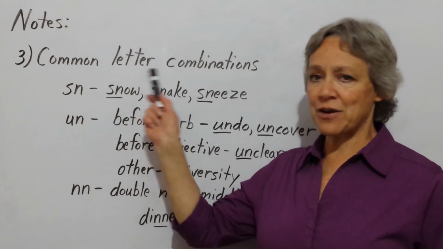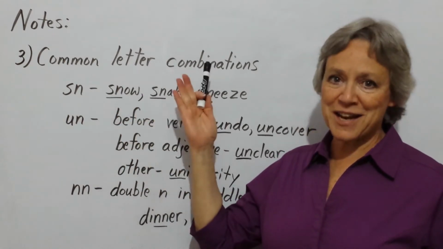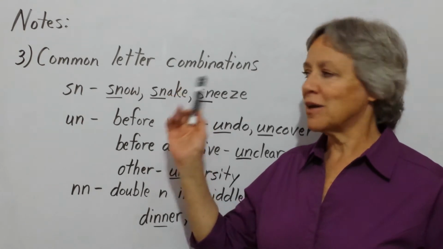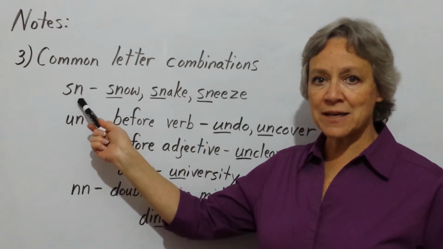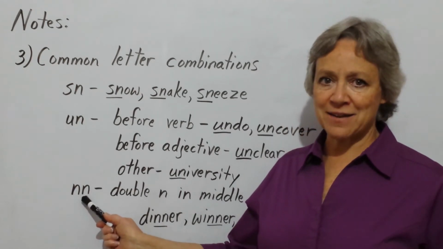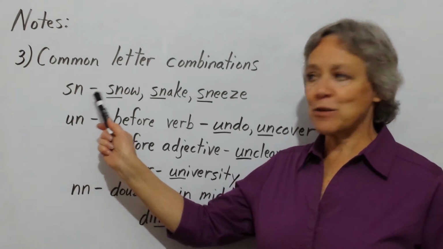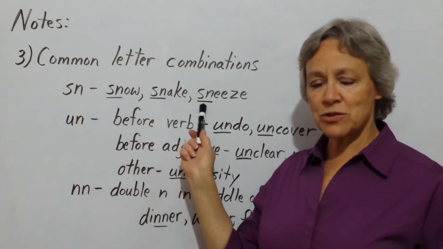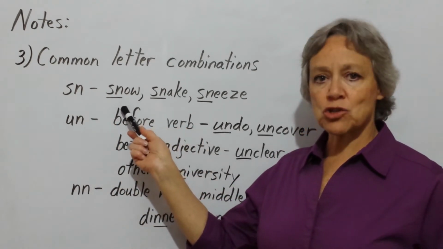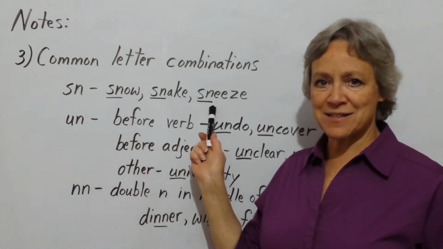Some common letter combinations that we often see in words containing the N sound are the letters SN, UN, and NN. We very often get the letters SN at the beginning of words, such as snow, snake, and sneeze.